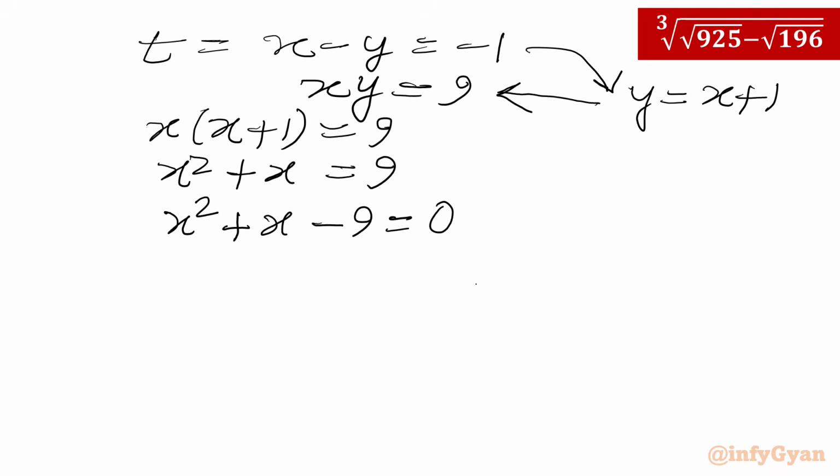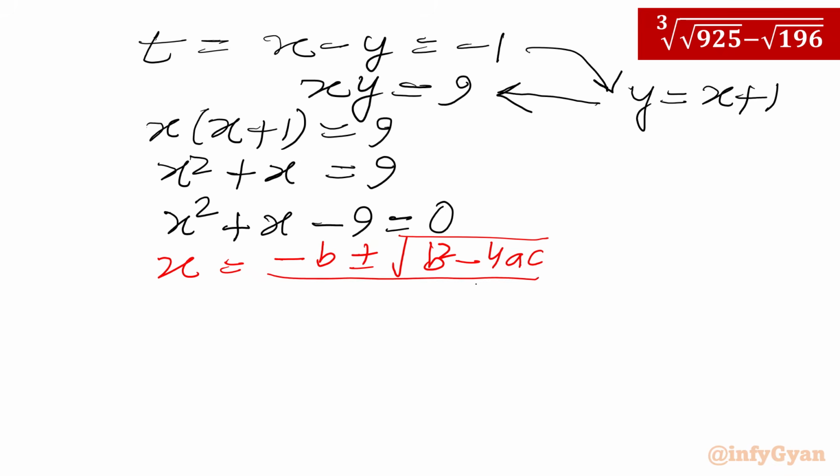Now we have one quadratic equation. We can use quadratic formula over here. So we can write x will be equal to minus b plus minus square root b square minus 4ac over 2 times a. As per our equation, we will write a equal to 1, we will write b equal to 1, we will write c equal to minus 9.